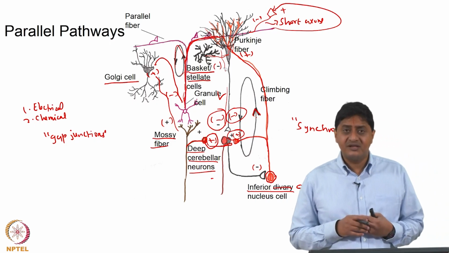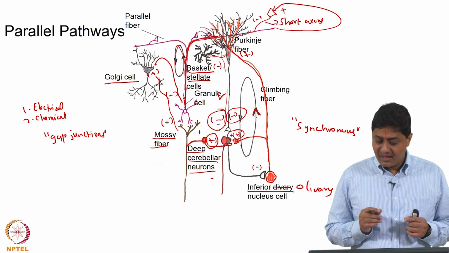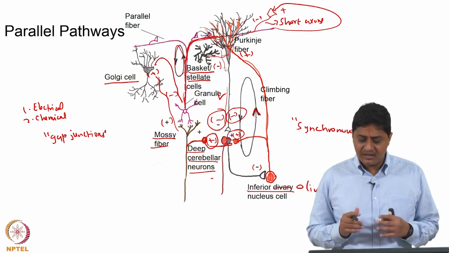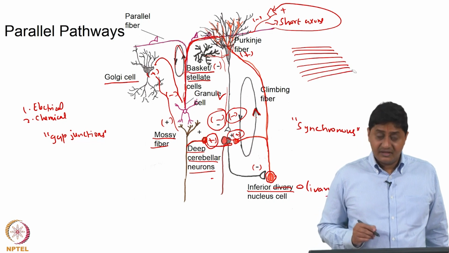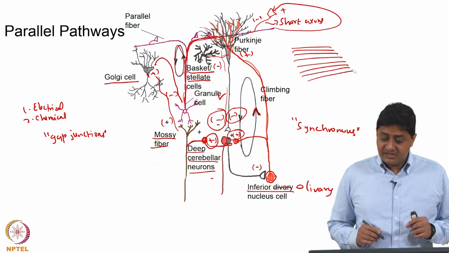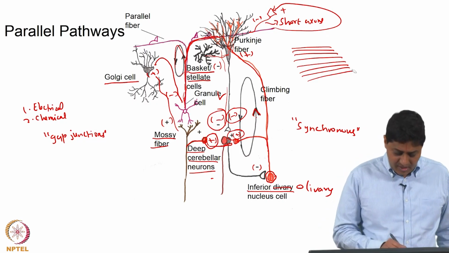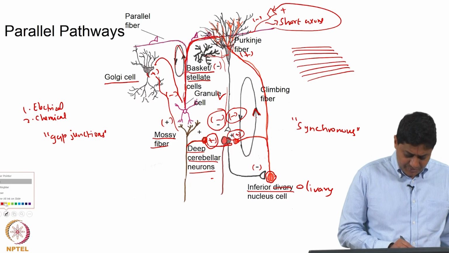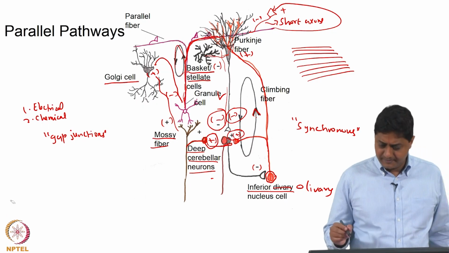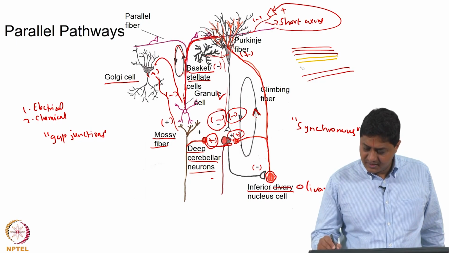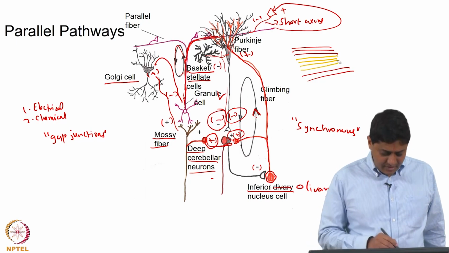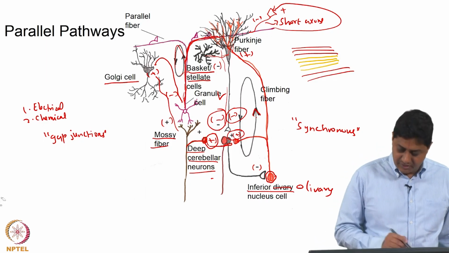So, they function in such a way that, let us remember that there are going to be thousands and thousands of parallel fibers, right. So, the basket cells cause inhibition in such a way that only some of these inputs are going to actually cause excitation, while ensuring that the remaining ones continue to be inhibited.